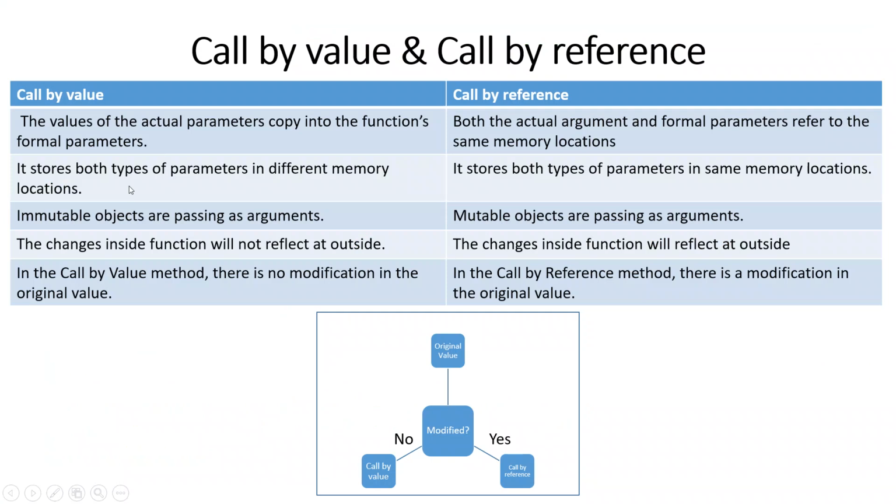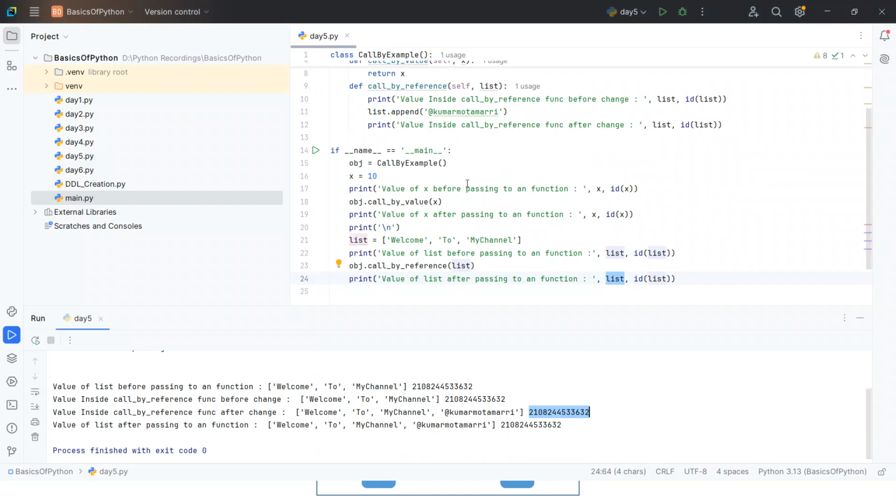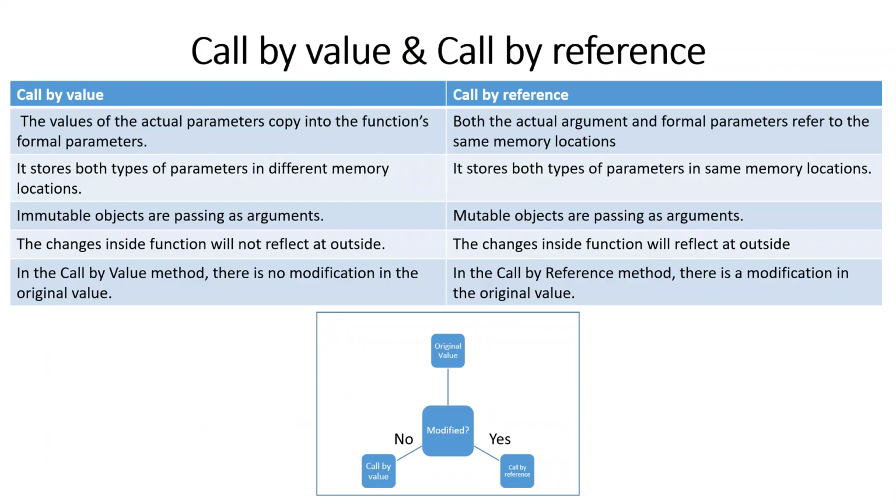It stores both types of parameters in different locations. Majorly, for callback value we will pass immutable objects, but for callback reference we will pass mutable objects.